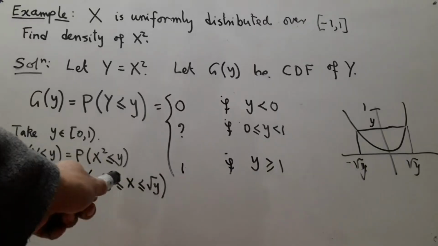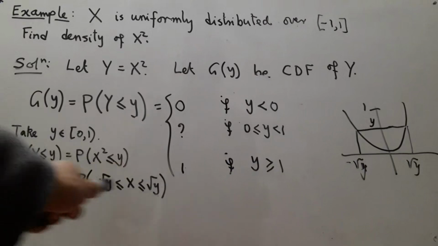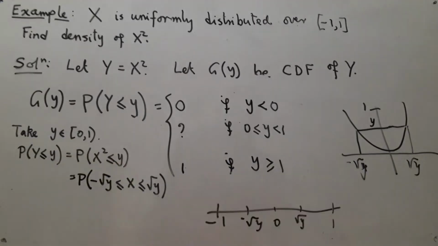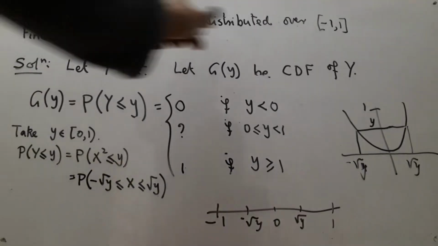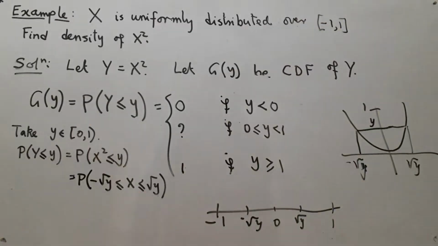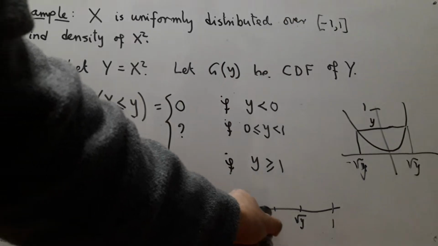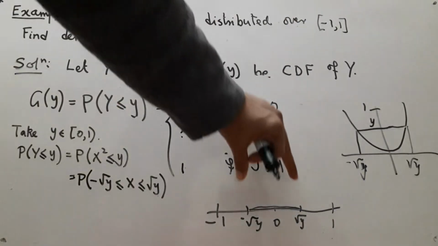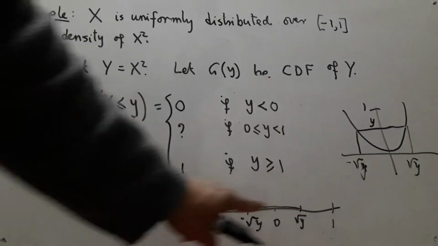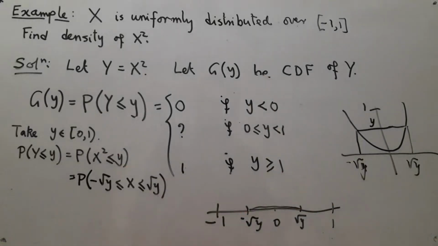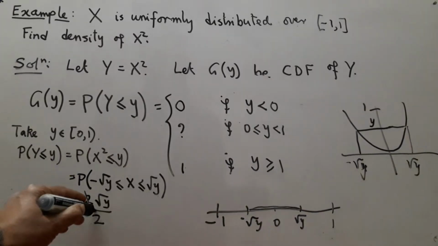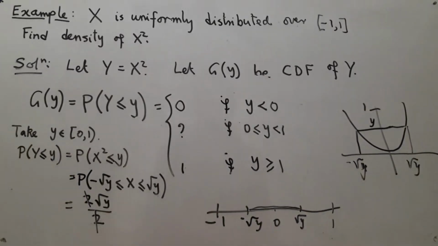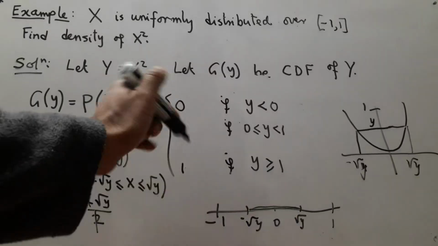Now we have to find out the probability. So x lies in an interval. I am told that x lies in -1 to 1 uniformly, so I am interested in the probability that it lies here. I can find that by taking the length of this and dividing by the total length, which means it is this, and of course the 2's cancel each other out, and I know what I should write here.